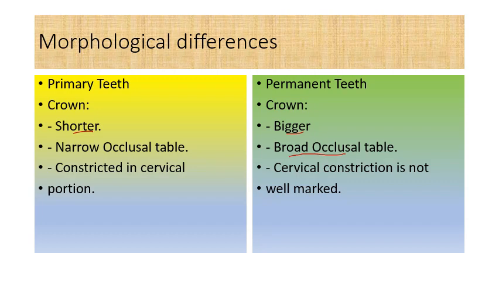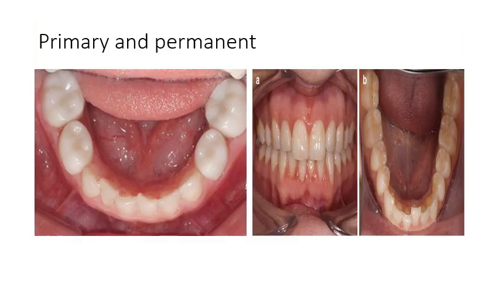The crown of the primary teeth is constricted in the cervical area. So they have more cervical constriction in the crown than the permanent teeth, okay? You can see here, these are the primary teeth and these are the permanent teeth.